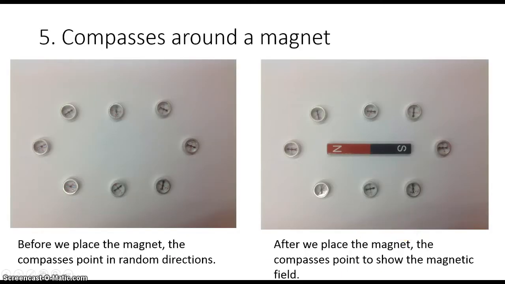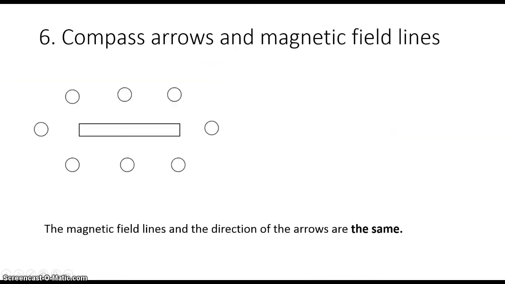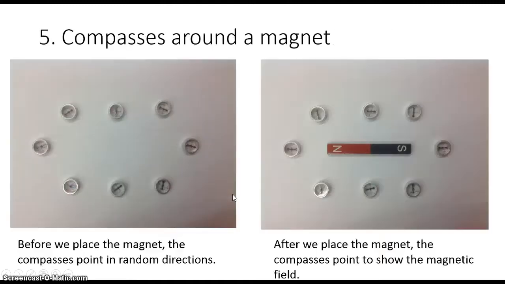Next part. What if we put some compasses around the magnet? Before we place the magnet, the compasses point in random directions, as you can see. But once we put the magnet in, you see that the compasses point in very specific directions.